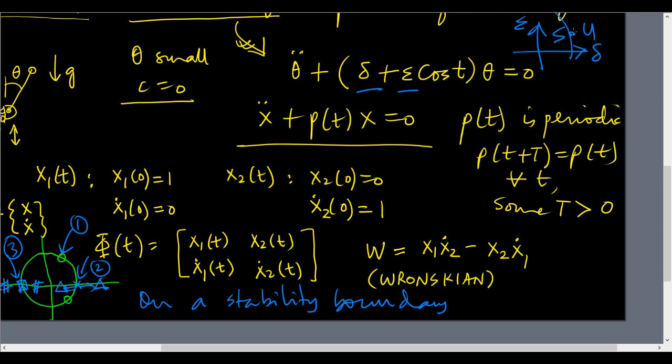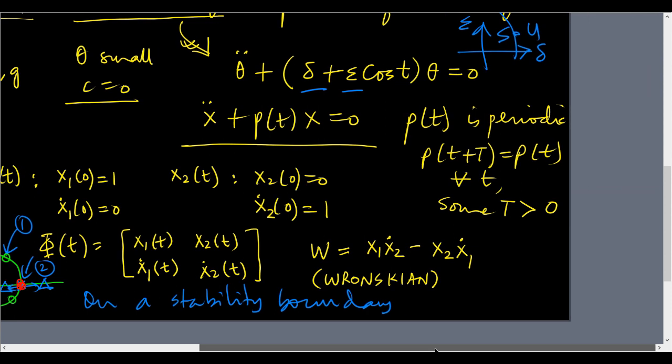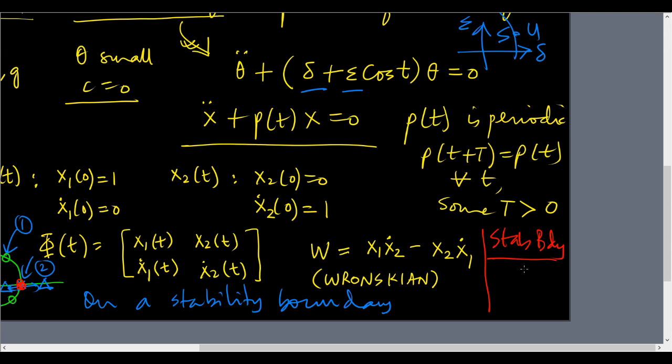On such a stability boundary, we have to be either here or here, marked with a red. That means that on a stability boundary, either lambda 1, 2 equals 1, 1 or lambda 1, 2 equals minus 1, minus 1.